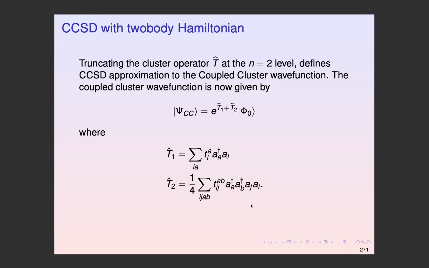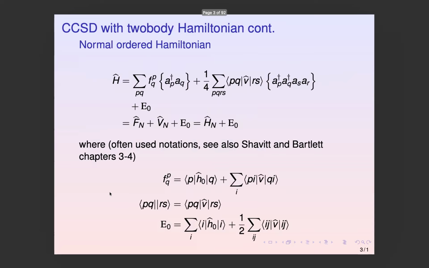Okay, so I'm going to just use the slides. One of the things I quickly wanted to remind you of is that we deal normally with a normal ordered Hamiltonian. In our case, we have the one body operator and the two body operator, if we stay with that.